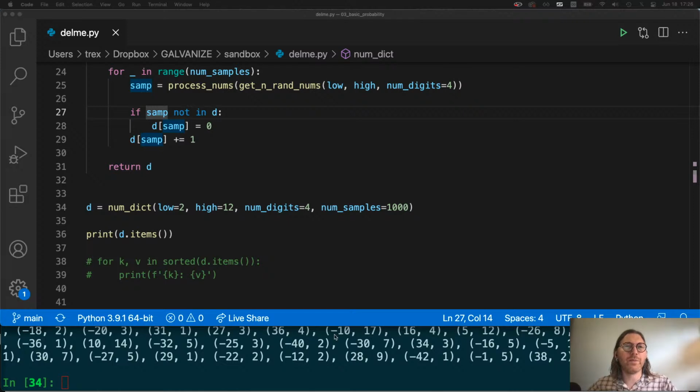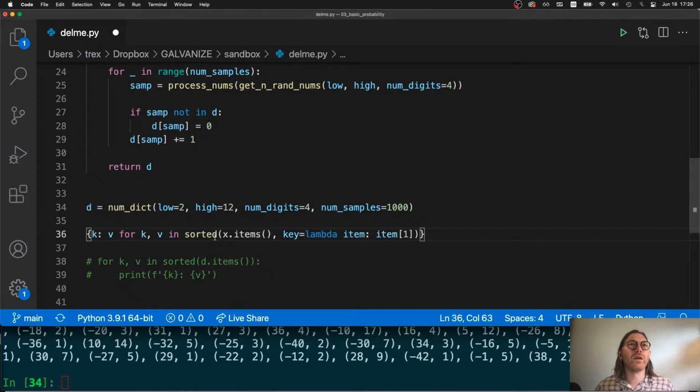So let me paste this in. We're performing a lambda to sort. So notice in sorted, x should actually be d here. Sorted has the option of setting our key to be the second item. That's what's happening here. So this syntax is probably the best way to do this.